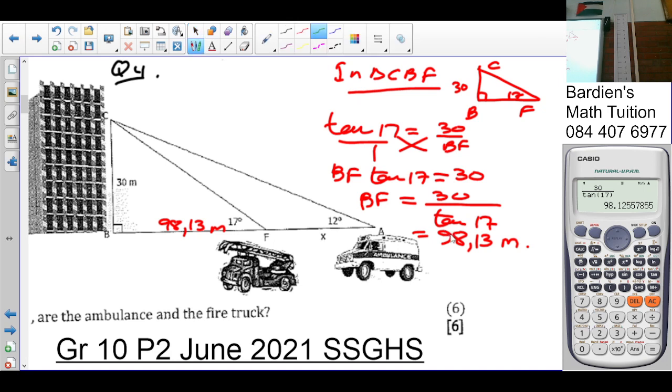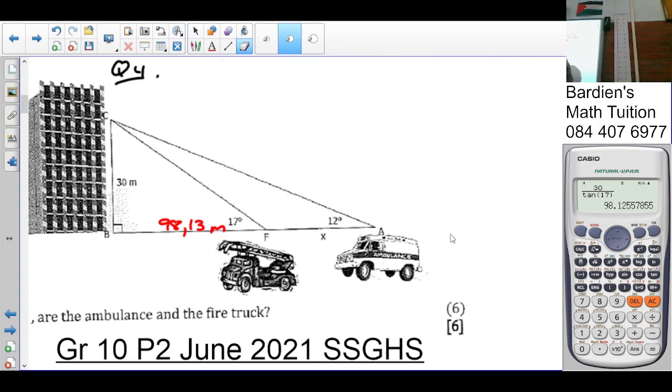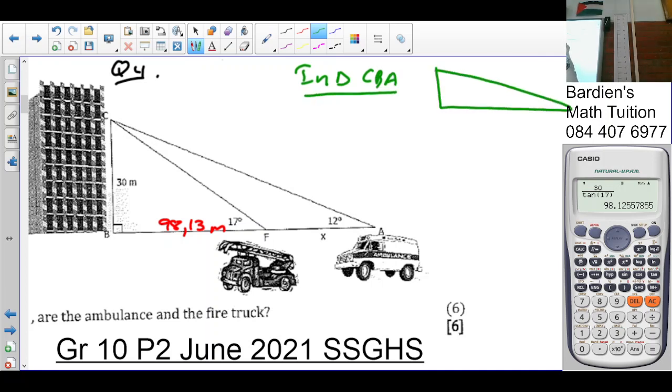Then, to calculate AB, we'll work in the other triangle now. So it's in triangle CBA. That is your 90. This is B, C, 30, and A, 12 degrees.